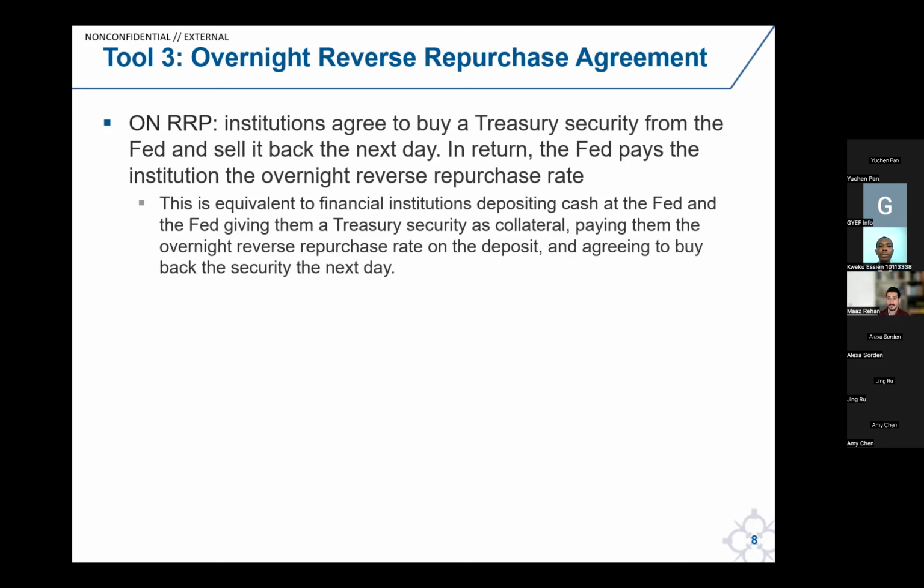In return, the Fed pays that institution the overnight reverse repurchase rate. So this is equivalent to the financial institutions depositing cash at the Fed and the Fed giving them a treasury security as collateral, paying them the overnight reverse repurchase rate on deposits and agreeing to buy back that security the next day.